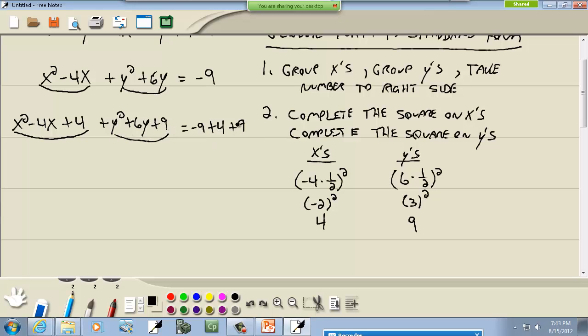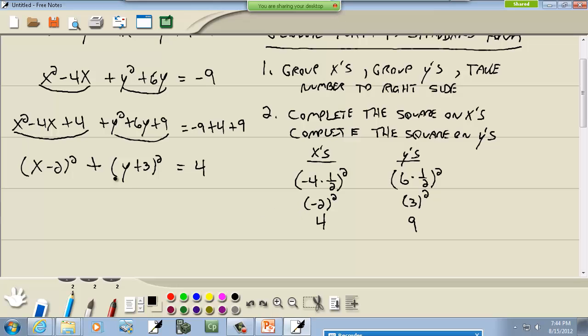And remember, we add the number to both sides. So you can't willy-nilly put these numbers anywhere. The 4 you have to put with the x's, the 9 you have to put with the y's. Now this factors as x minus 2 squared, and this one factors as y plus 3 squared. Now over on the right side, negative 9 plus 9 drops away, and we got 4, like that.